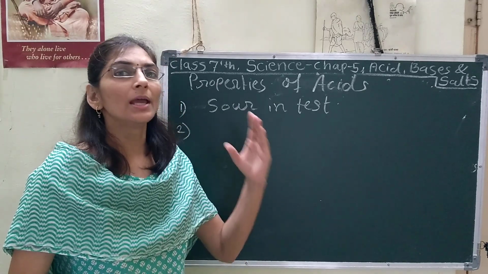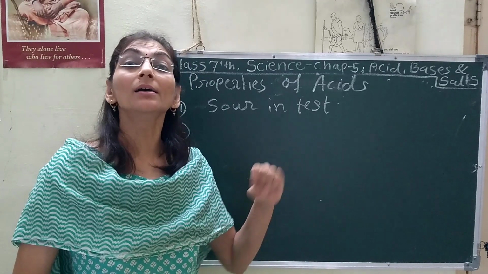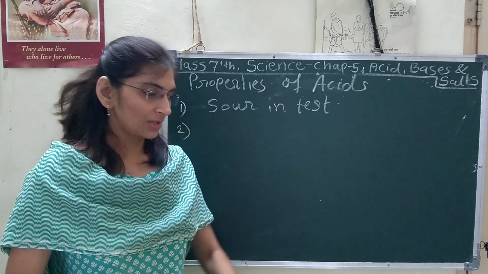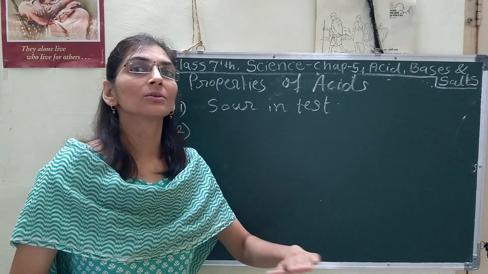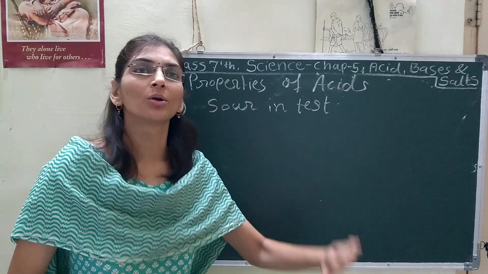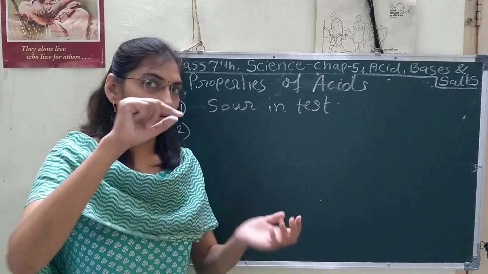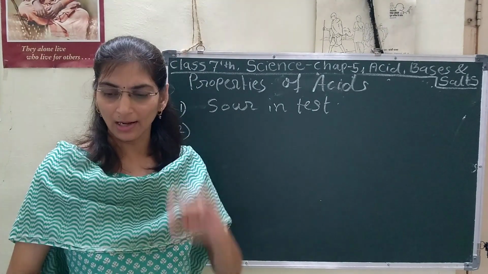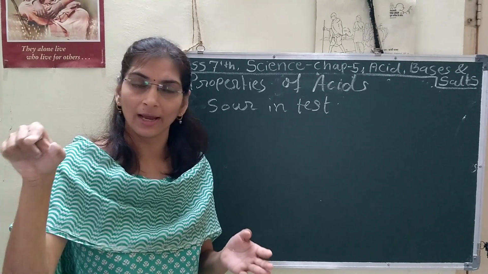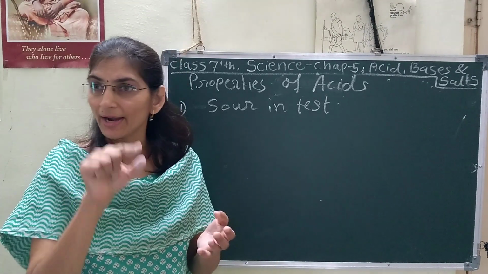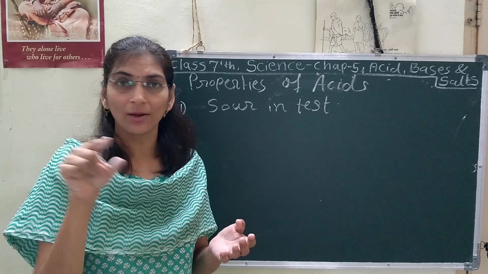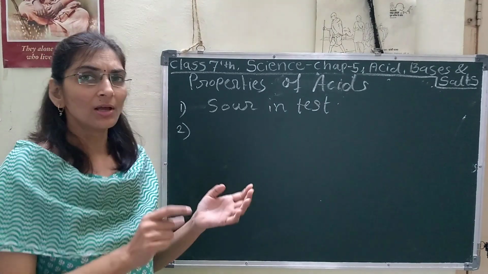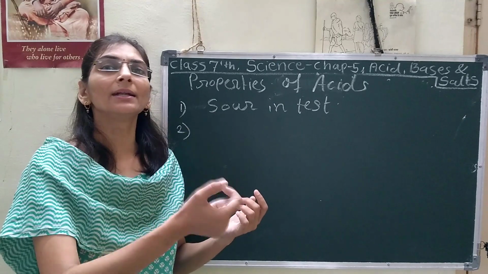Corrosive in nature means if acid falls on a surface, on the floor, what will happen? The floor will get corroded. Pits form on it, like with concentrated acid. Or if even lemon juice falls on the floor, a white stain appears there. This happens because acids are corrosive in nature. Corrosive means they eat that substance.